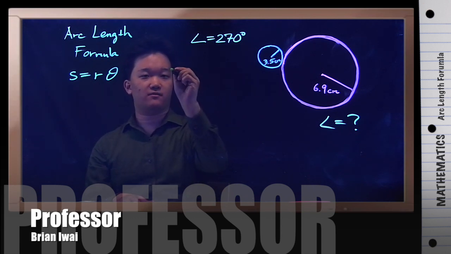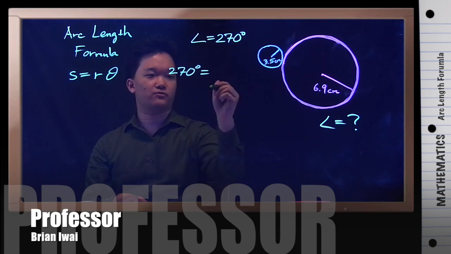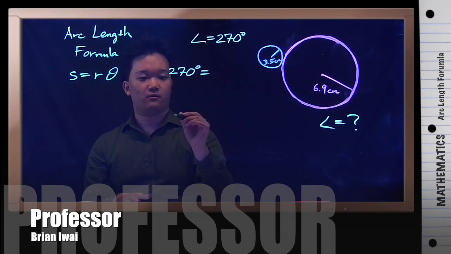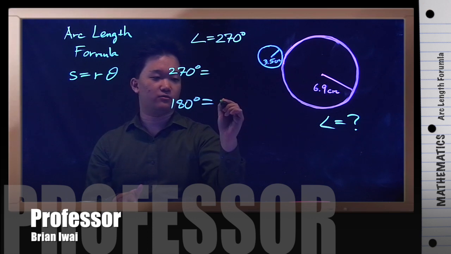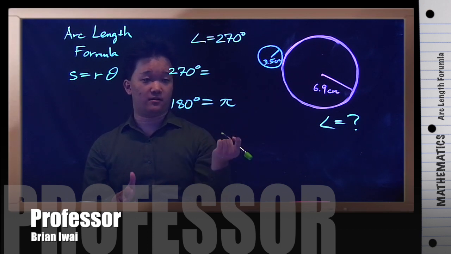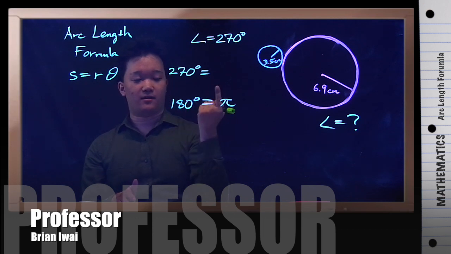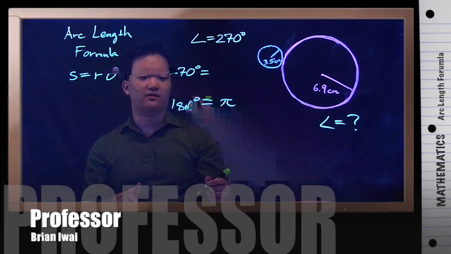270 degrees equals what in radians? If I start with what I know, which is 180 degrees is equal to pi radians, I can figure out what 270 degrees is by thinking, what do I have to multiply 180 by to get 270?